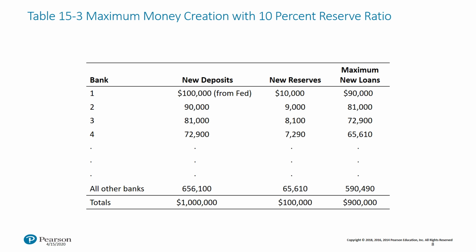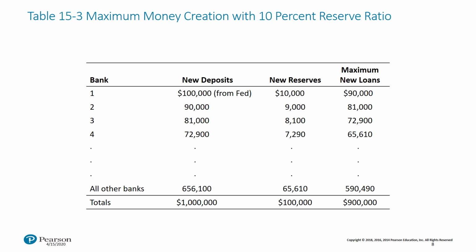So you can see in this table, first in Bank 1, there was $100,000 and they kept 10% as reserve, that is $10,000. The remaining $90,000 is the maximum loan they can give.